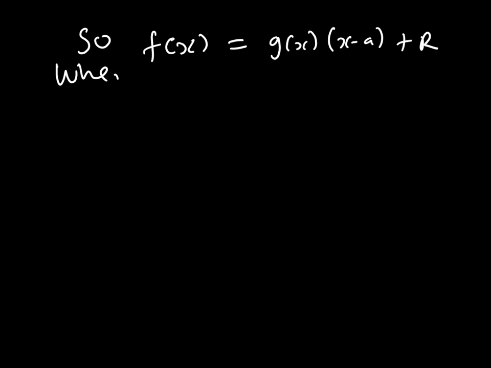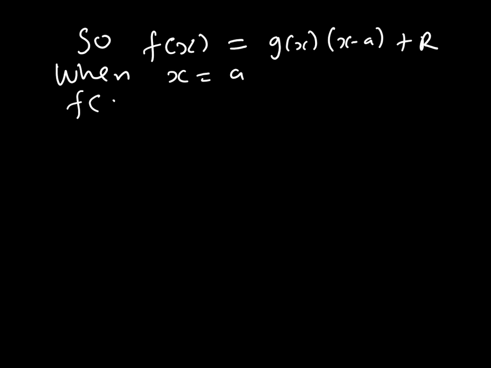So f of x, if you multiply through by x minus a, you get g of x multiplied by x minus a plus the remainder. And we can try to evaluate this when x equals a.